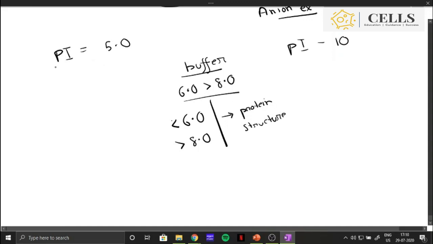So for example, for a pI of 5.0 and a pI of 10, suppose the pH is 7. Every buffer is made in water. For a buffer to have a pH of 1, it is acids, like the acids present in batteries, which have a pH of 1 or 2.